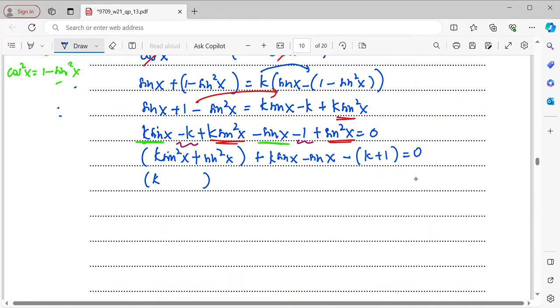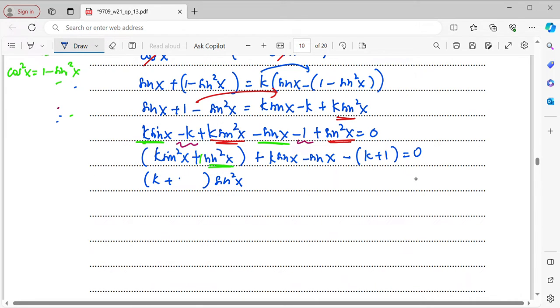Then equals to 0. Okay, so for the first term, you factorize the sine square x. I will write here sine square x, then the first term will be k. After you have factorized the sine x from the second term, you still have plus 1. Here is the 1, the coefficient is 1.